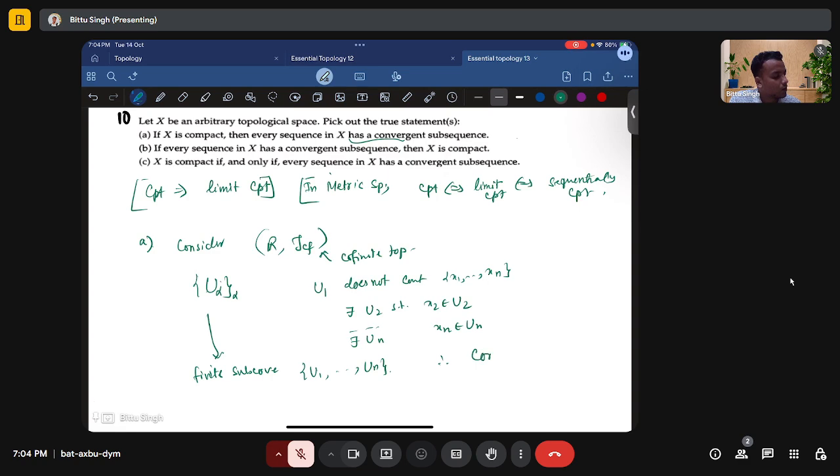Therefore, it is compact. But it may not have any convergent subsequence. So instead of considering R, it is enough to consider N. So consider N as a subset of this.